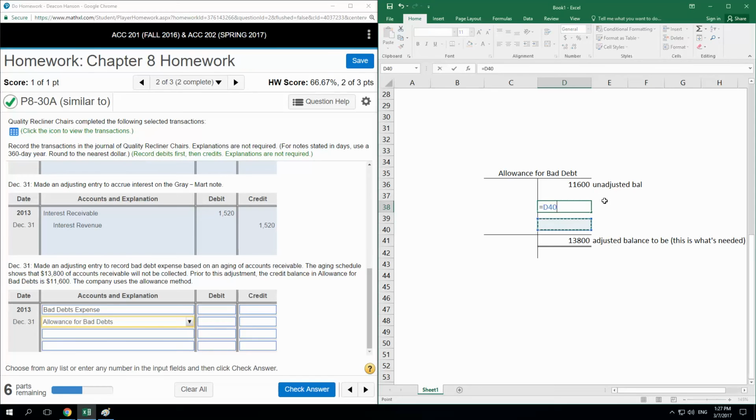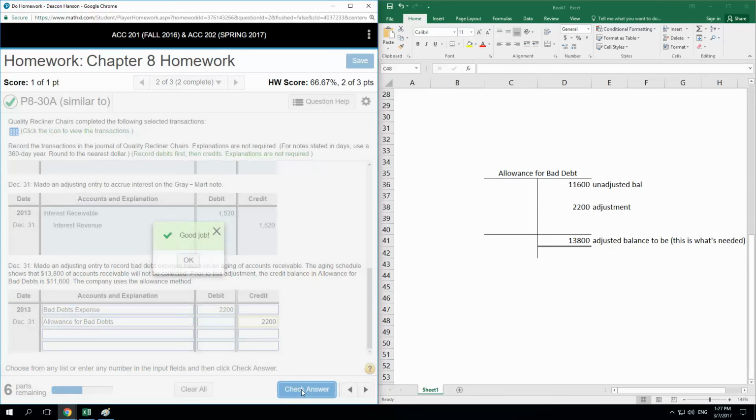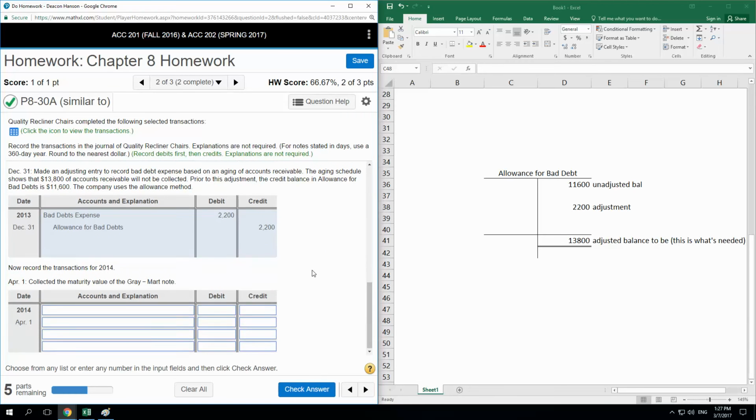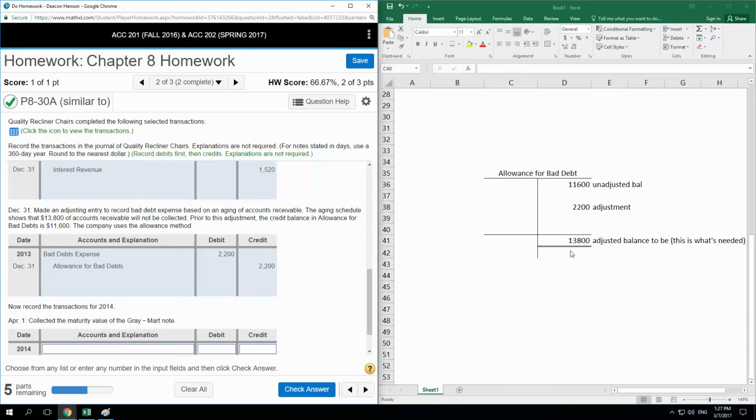So all you really have to do is take the difference, and this would be the adjustment. Okay? So we'll drop that 2,200 in there. Did that make sense to everybody? Right? So we're always adjusting into the required balance.